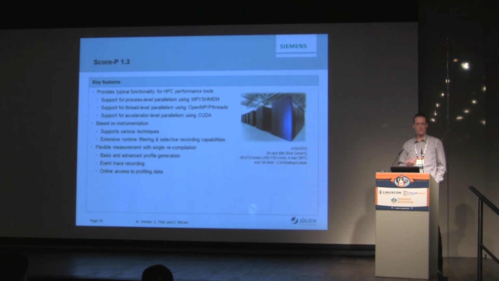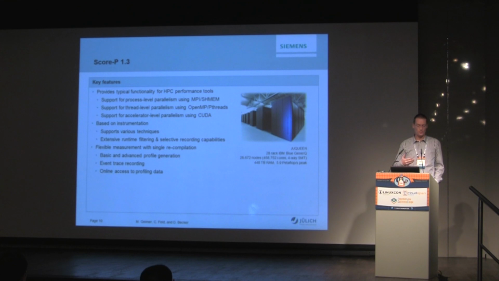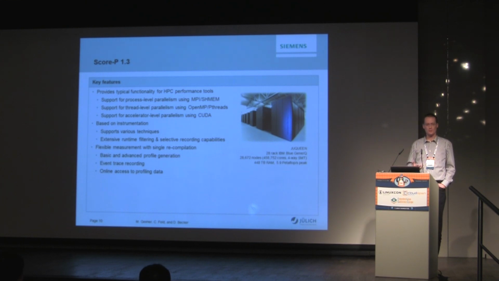One key feature of Score-P compared to other performance tools in the HPC world is that it provides a flexible measurement environment with a single recompilation, typically. So that's for getting the instrumentation into the code. Once you've done that, you can generate profiles and traces and even provide online access to the profiling data without recompiling, so all this is configured through environment variables.